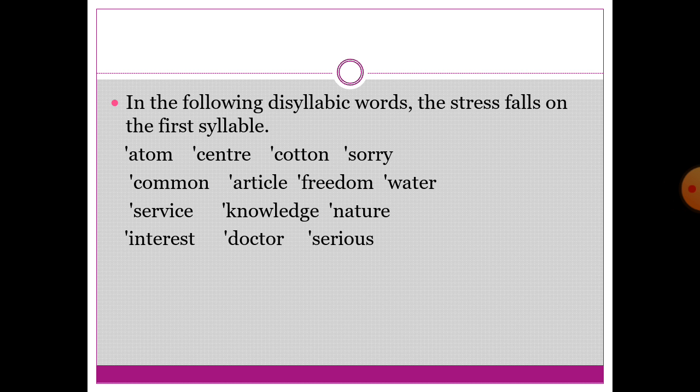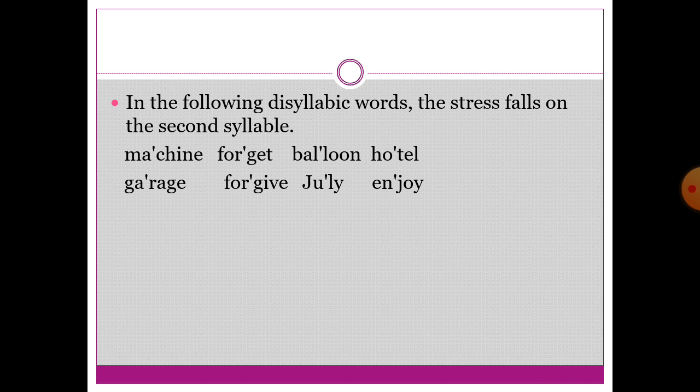Now let us look at some more words. Again, disyllabic words in which stress falls on the second syllable. Read it. In the following disyllabic words, the stress falls on the second syllable.